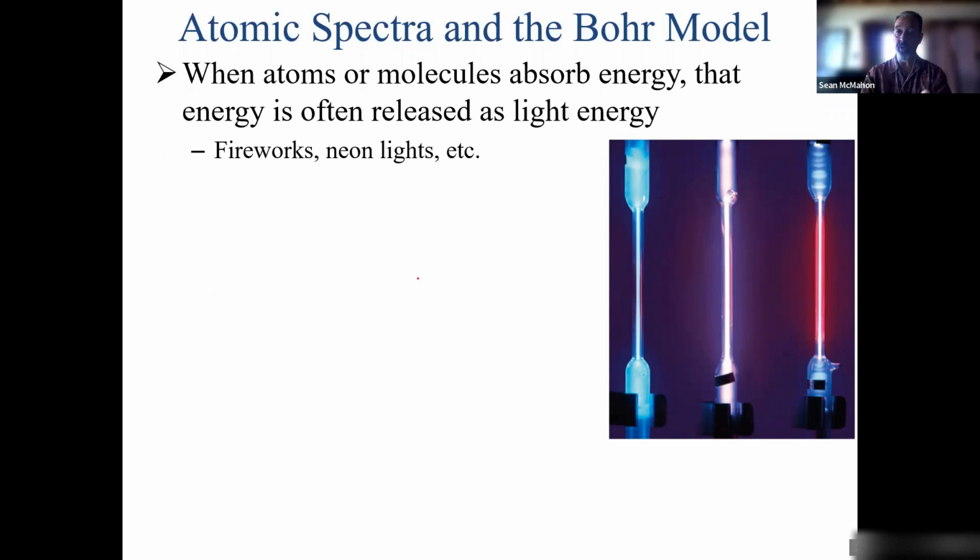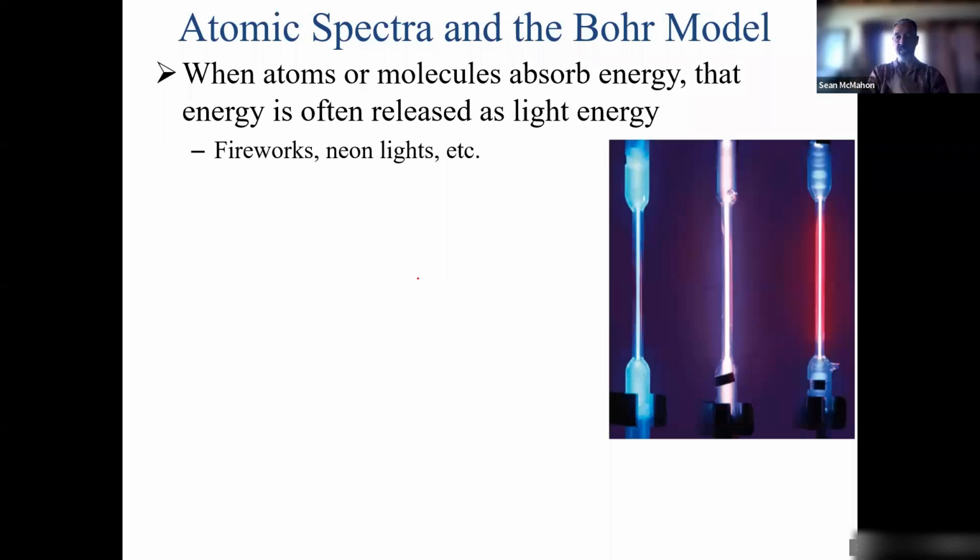So when you put a voltage or a current through it, you have the atoms in a gaseous form, with electrons around the nucleus, and when you put energy in the form of electric energy, the electrons get excited. But they're still attracted to the nucleus.